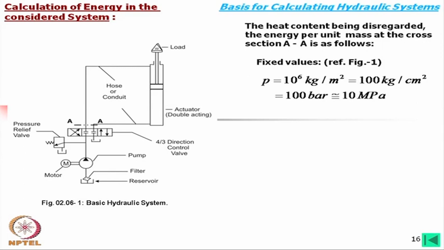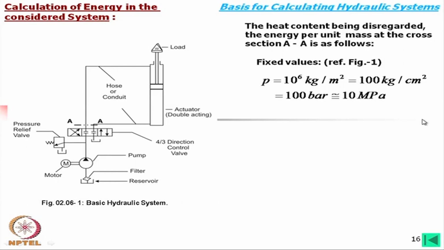So, that is why normally we express the pressure in megapascal, and roughly 100 bar is equal to 10 megapascal. The pressure in bar or kg per centimeter square, divided by 10, will give you megapascals, and if you would like to convert into pascals, you have to multiply by 10 to the power 6. Here we have considered 10 megapascals.